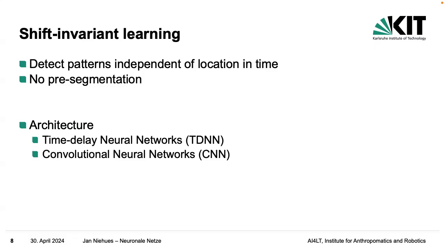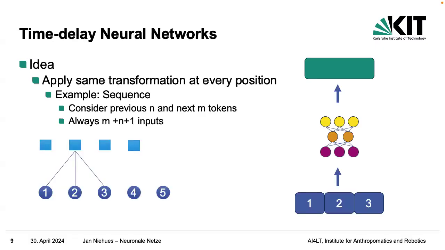So what is the basic idea? We said there is this idea that you have a filter which runs over your sequence and detects something. Exactly the same thing you can now do with a neural network. Imagine you have your input sequence 1, 2, 3, 4, 5. Now we just apply the same neural network several times on the input. We start at the beginning, at positions 1, 2, 3.